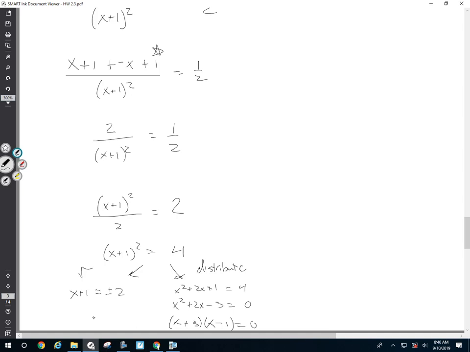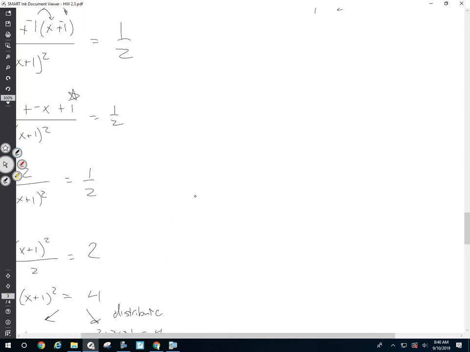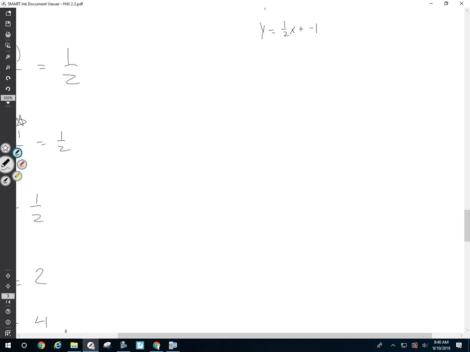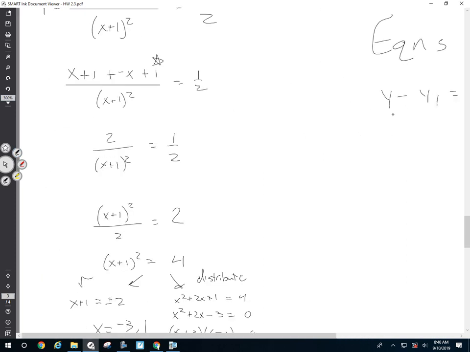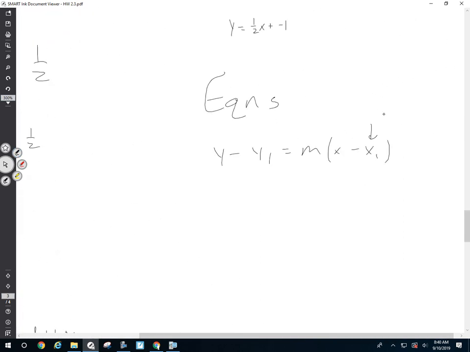I get, after subtracting 1 from positive 2 and from negative 2, negative 3 and 1. Fantastic. Here are my equations. y minus y1 equals m times x minus x1. I know my x's are going to be at, what did I say? Negative 3 and 1.